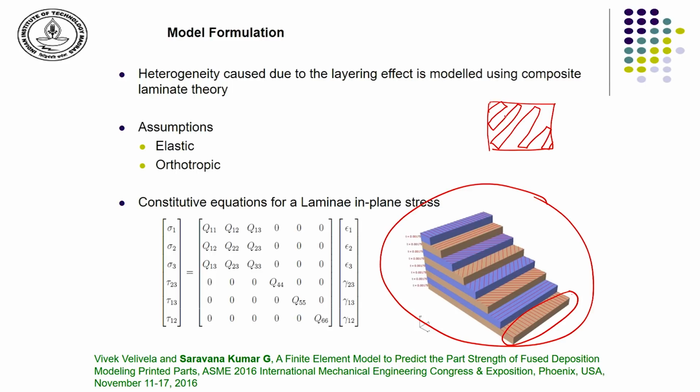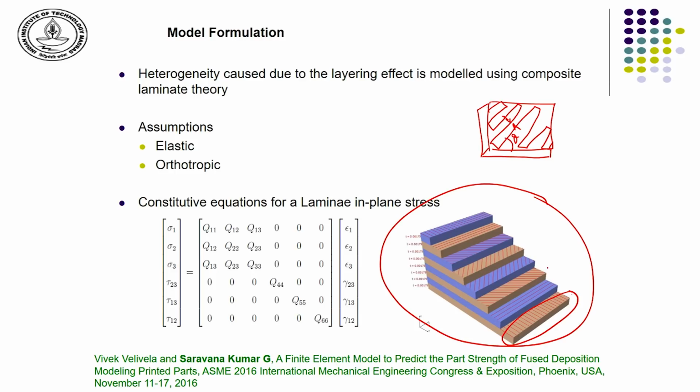So, the hatch spacing, the hatch orientation, as well as the layer thickness and the part orientation, all these are variables that will affect the mechanical properties of the component.